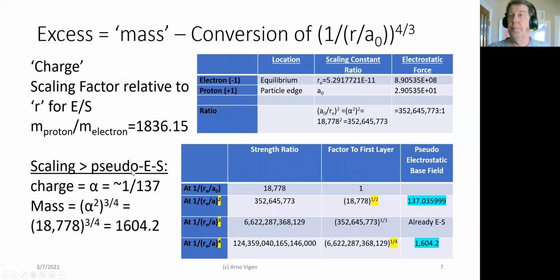So if you take the ratio of the distances, okay, obviously that's 1 to 1878, okay, but for the squared, you'll get this number, and that number there is what's called the fine structure constant, and what I call the root of equilibrium versus edge, or Bohr versus edge scaling factor.